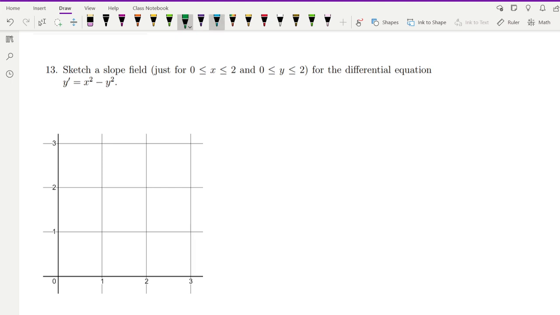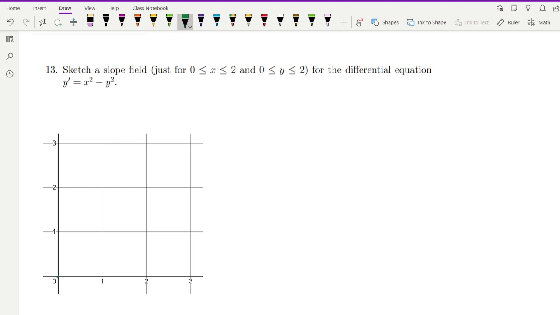And really the important part, the thing that I really want you to understand is that a differential equation is telling you a relationship between the slope, the x value, and the y value. And a slope field is really a way of making that concrete. So what we want to do is take different points.